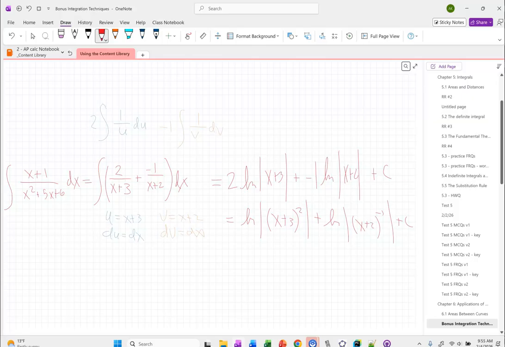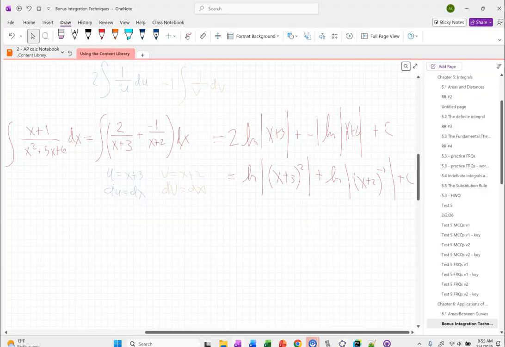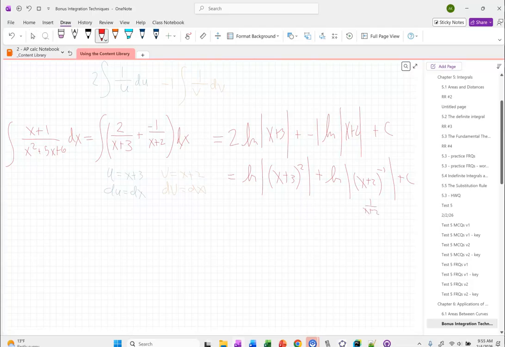Everybody's okay there? And then negative 1 is the same thing as 1 over, right? And then the addition outside the logarithms allows me to write it as a product inside the logarithm.